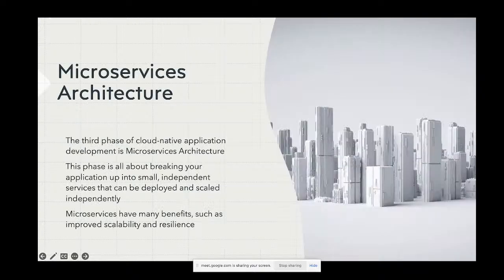So let's move to the next topic, which is microservices architecture. This is a very common terminology now, but we'll go into depth on what microservices architecture is. Microservices architecture is all about breaking up your application into smaller independent services.